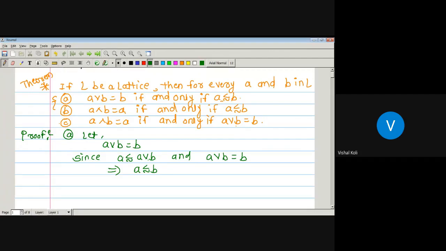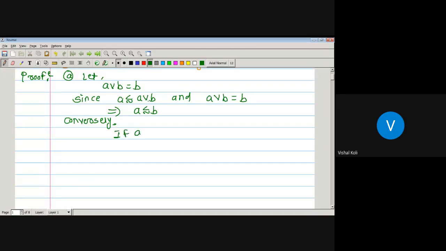Now its converse part. Conversely, a precedes b. We know that every element precedes itself since a lattice is a poset. A poset holds three properties: reflexive, antisymmetric and transitive. As it is reflexive, every element precedes itself, so b precedes b, and each element is related to itself under the given relation precedes.